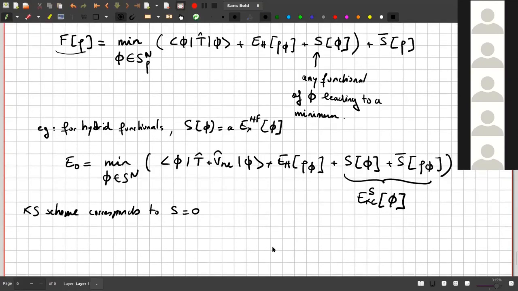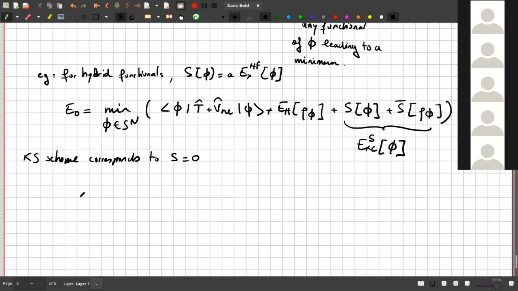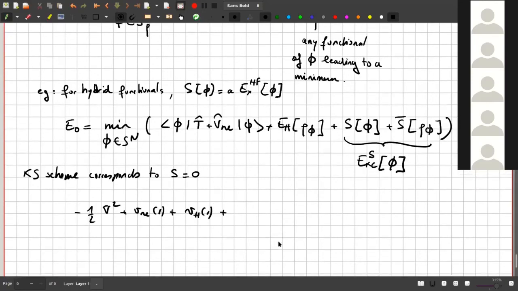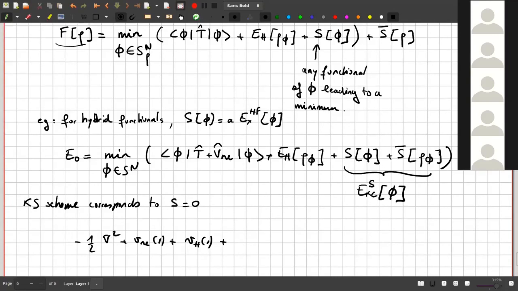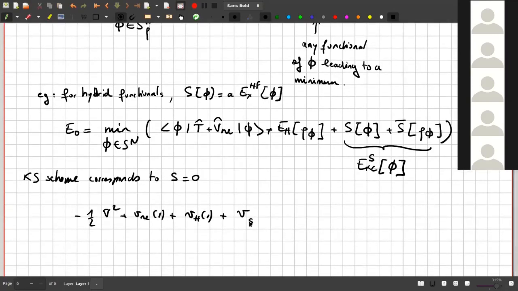Okay, and then you may wonder, what is the equivalent of the Kohn-Sham equation? Well, if you do the minimization, you can show that you are going to find the following equation. So you have the Laplacian, the V_NE of r, the Hartree potential, and then the S bar will give you a local potential as before. So I will call that V of S bar of r. So this will act on phi_i of r. Okay, but then the new term here is this one.